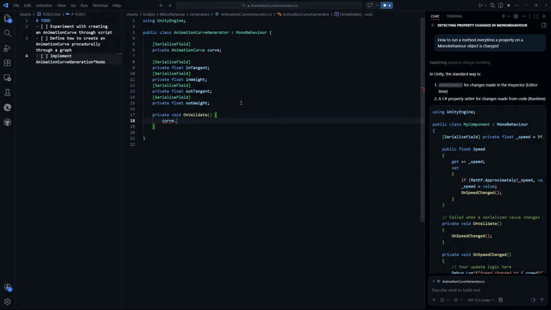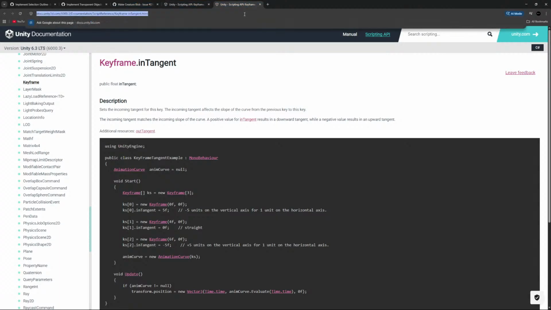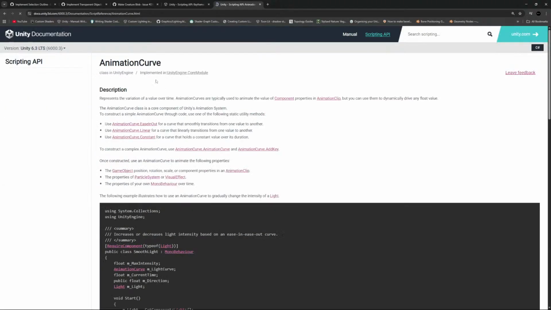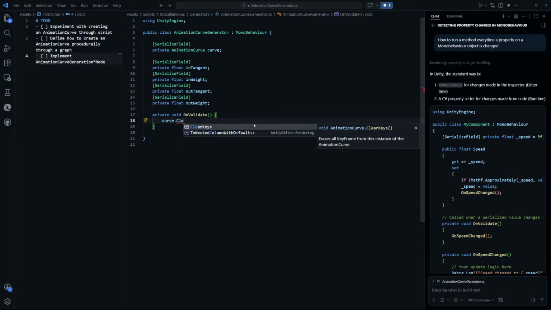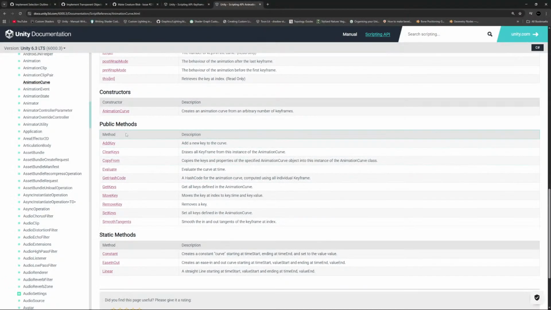And then I want to do curve dot remove, not a specific key, but I want to remove all keys. Clear keys. Like this, and then, you know what?